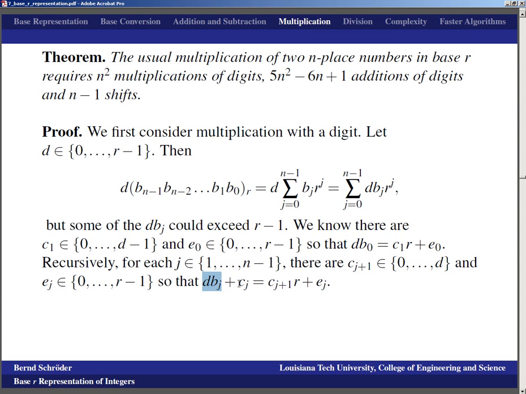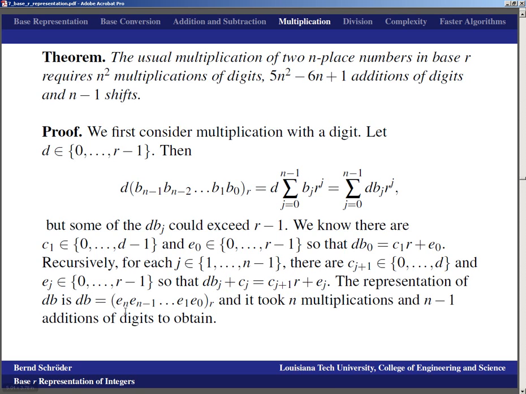We could pick up an extra r, so that the cj plus 1 could actually be up to d. And then the remainder, of course, is just ej. And the representation of db is that we're going from en all the way through e0 in this situation, where we just carry out all n steps of the algorithm.